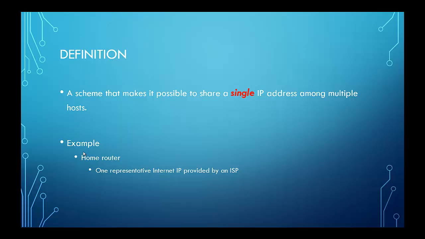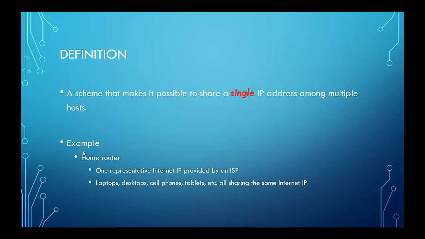So there has to be a way to somehow share that single IP provided by your ISP among all these different devices at home. So laptops, desktops, cell phones, tablets, etc., they're all sharing the same internet IP, in this case using this scheme called network address translation.